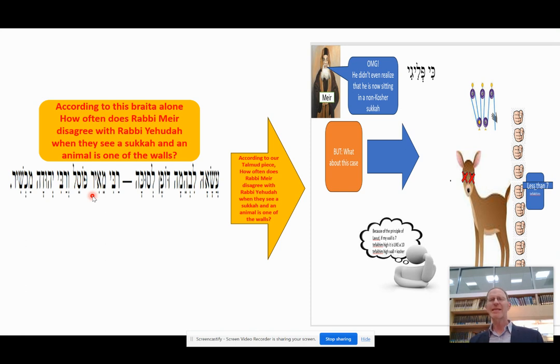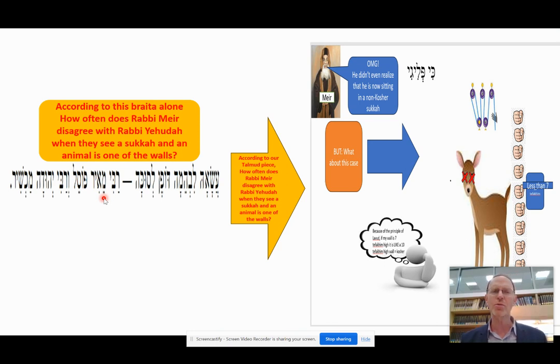Meaning, so now let's say there are 100 sukkot that all use an animal as a wall. If you only had this breita, you would think that Rabbi Meir would say how many of those sukkot would be lo kasher? That's questions 28 and 29.